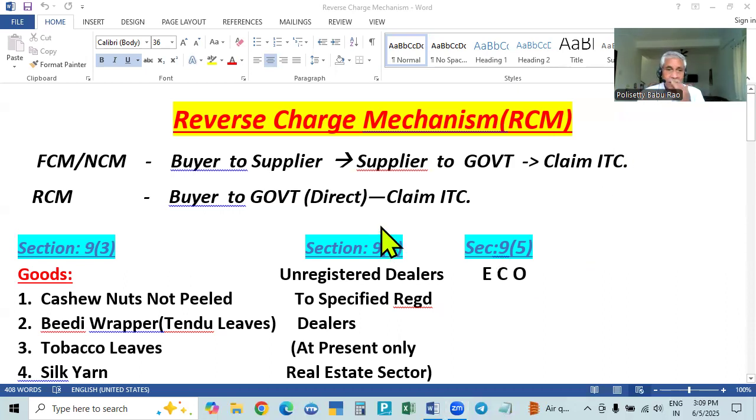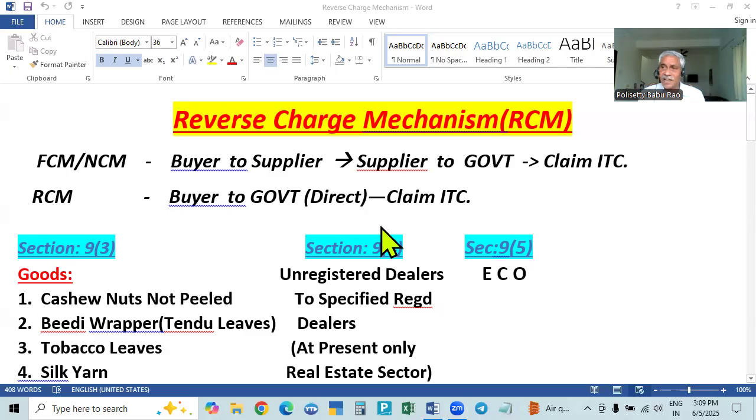This is called the forward charging mechanism or normal charging mechanism, because the GST will be forwarded by the buyer to the seller. The seller will forward the GST to the government. The government will give the ITC to the buyer. It is a circle. So the tax is forwarded to people.